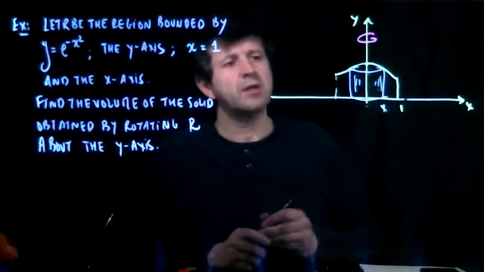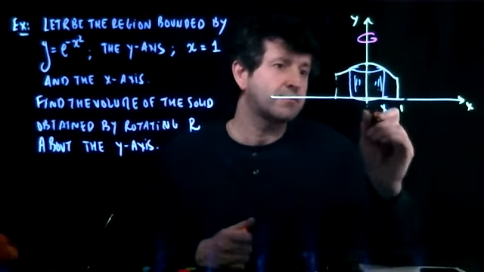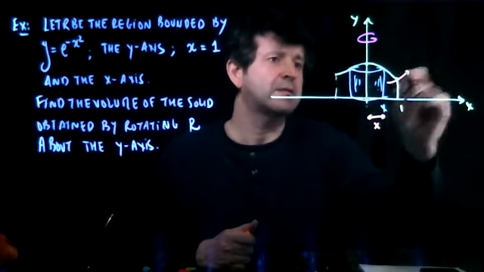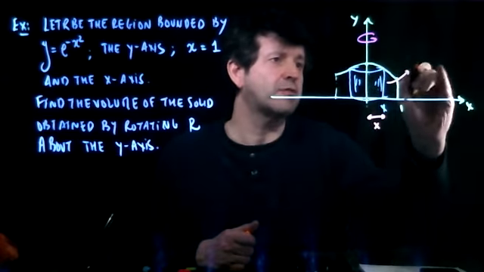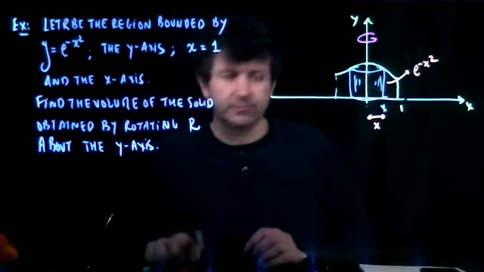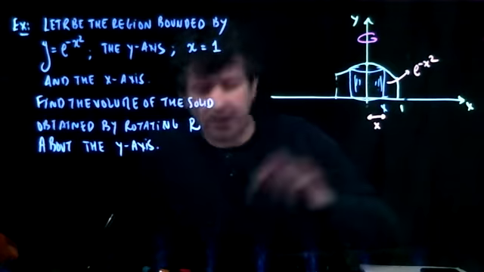Okay, that's it. So now I need to find my measurements. My radius, of course, is x, and my height is just the value of the function, so e to the negative x squared. And now I could find my area.